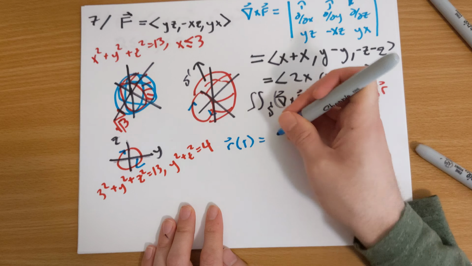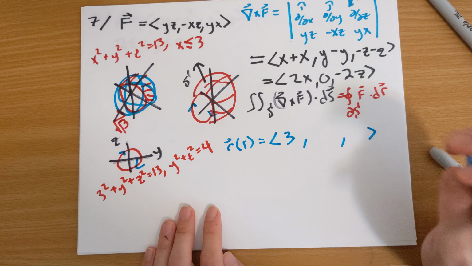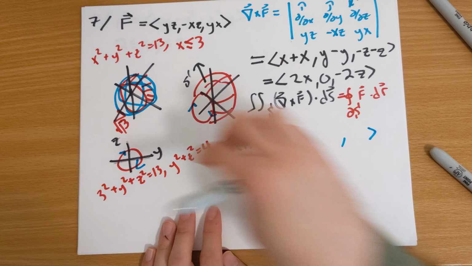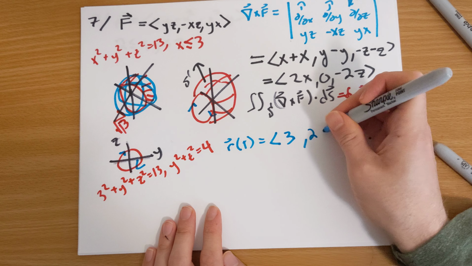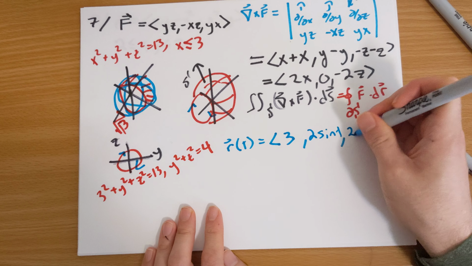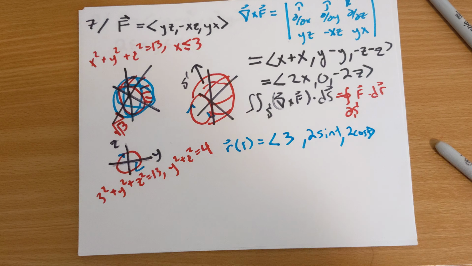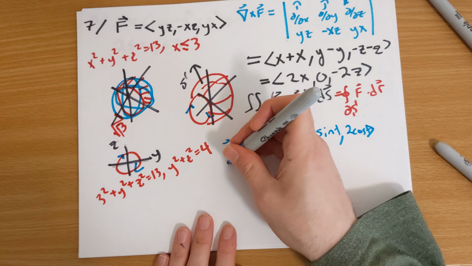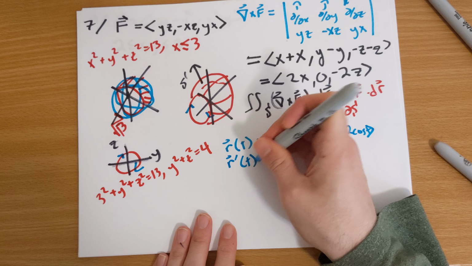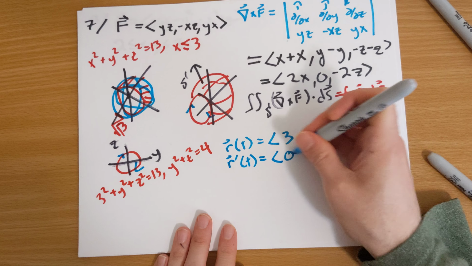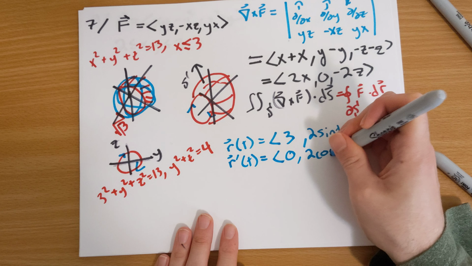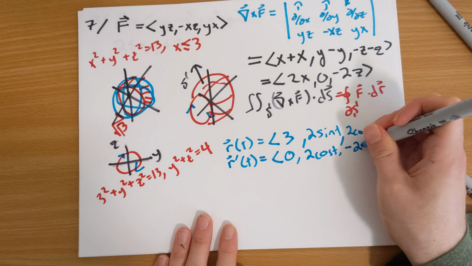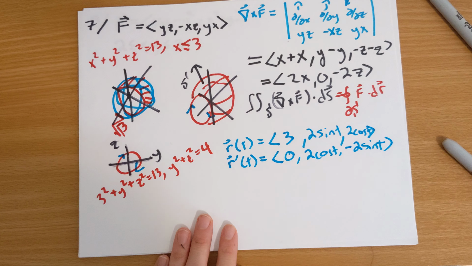And then we want 2 cosine t and 2 sine t for y and z, but because we want the clockwise orientation, not the counterclockwise, y is 2 sine t, z is 2 cosine t will be the correct orientation here. So then r prime of t will be 0, 2 cosine t, and negative 2 sine t.